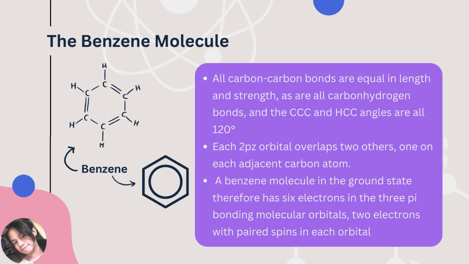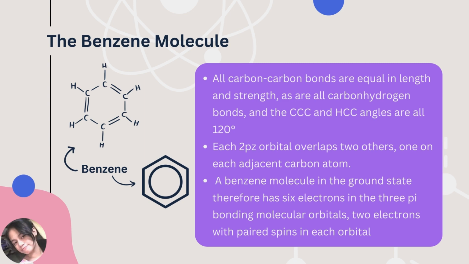Because of the similar shape and orientation, each 2pz orbital overlaps two others on each adjacent carbon atom. Thus, the interaction of the six 2pz orbitals leads to the formation of six pi orbitals, of which three are bonding and three are anti-bonding. A benzene molecule in the ground state therefore has 6 electrons in the 3 pi bonding molecular orbitals, 2 electrons with paired spin in each orbital.